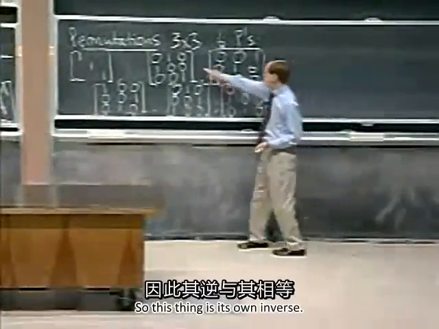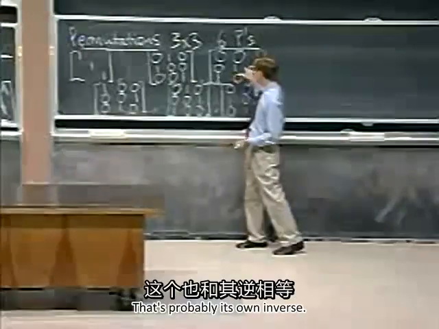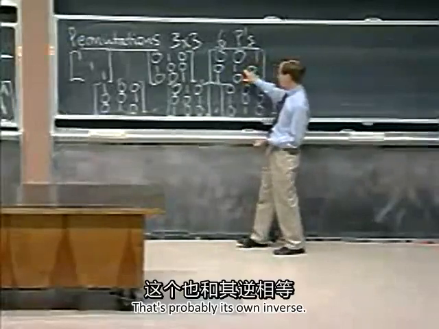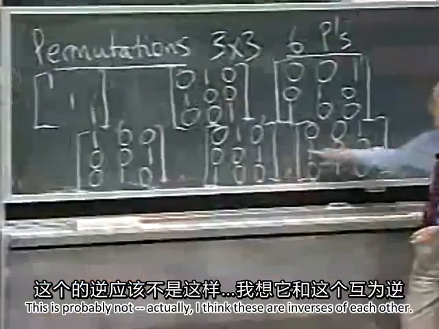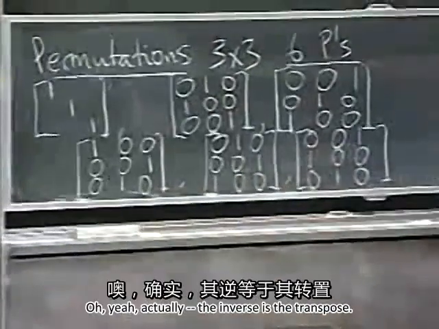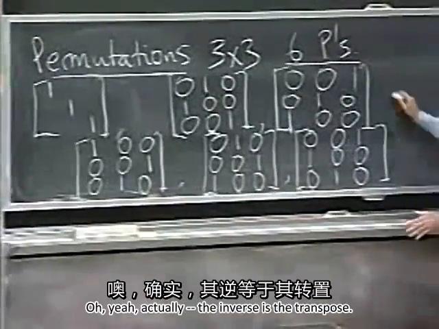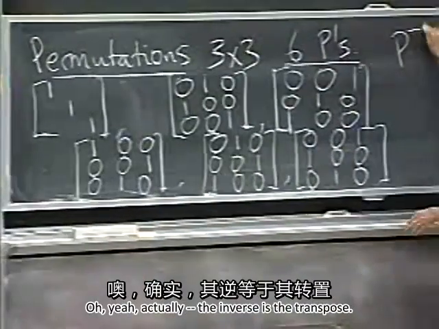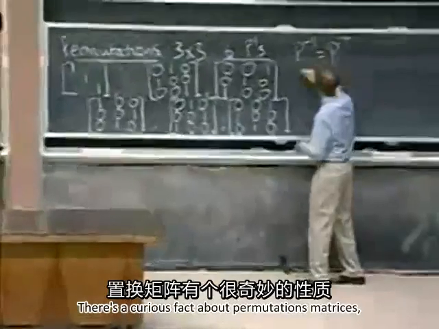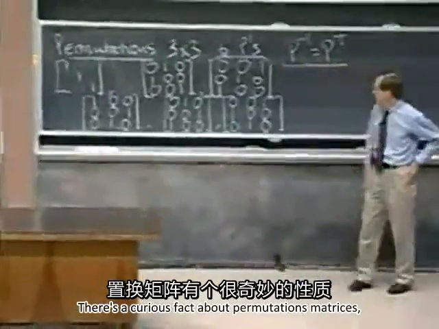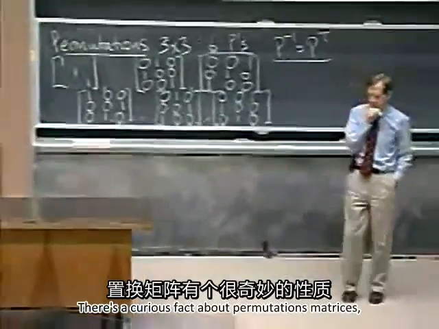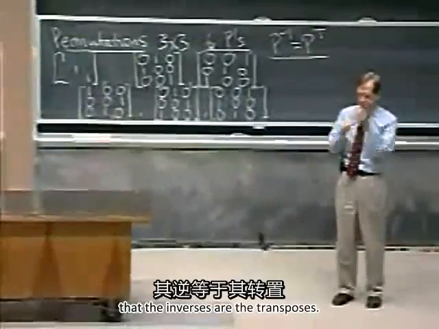So this thing is its own inverse. That's probably its own inverse. This is probably not. Actually, I think these are inverses of each other. Oh yeah, actually, the inverse is the transpose. There's a curious fact about permutation matrices, that the inverses are the transpose.